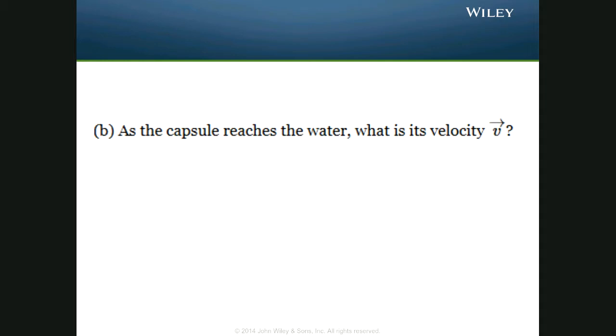So we know we have V naught equals 55, H equals 500 meters, and we got phi, delta x, and t from part A. These come from part A.